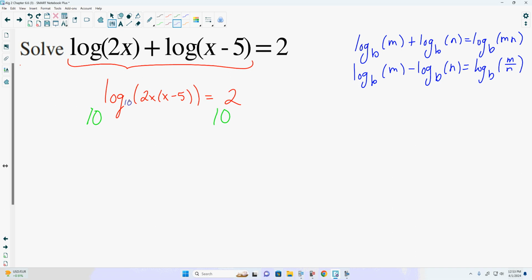If it's natural log, it's understood to be e. So 10 to the log base 10 for this here would cancel, leaving us with 2x times x minus 5 is equal to 10 to the second power.